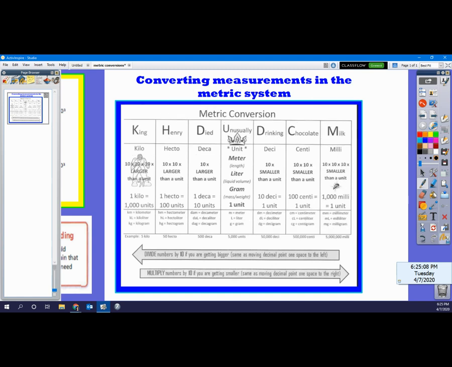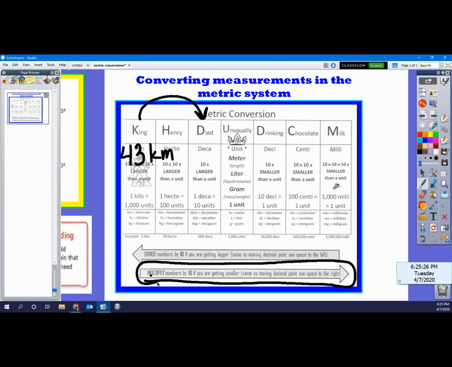Let's say that I have 43 kilometers. And now I'm going to move to something smaller. Let's say I want to know how many decameters that is. So now down here, because I'm moving to the right, see this arrow? Because I'm moving to the right, I'm going to multiply by a power of 10. So it's the same thing.